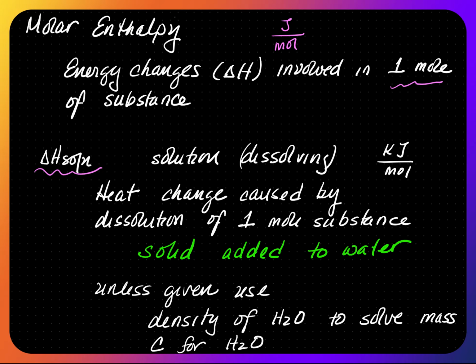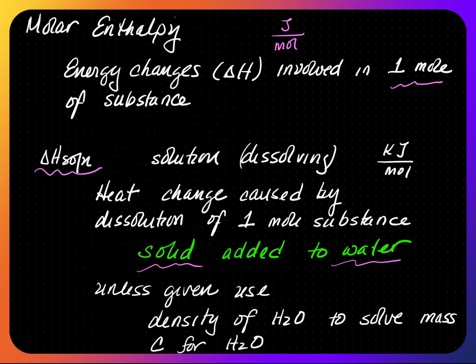This is the heat change caused by dissolution, or dissolving one substance into another substance to create a solution. A lot of times it is a solid being added to water.